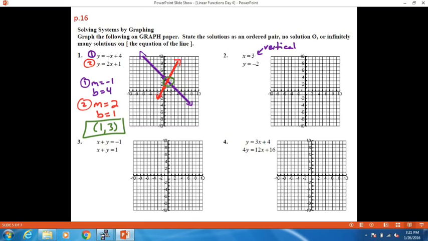So we're hitting right here at (3, 0), and we said that was a vertical line, so that's going to be going straight up. There's x equals 3.